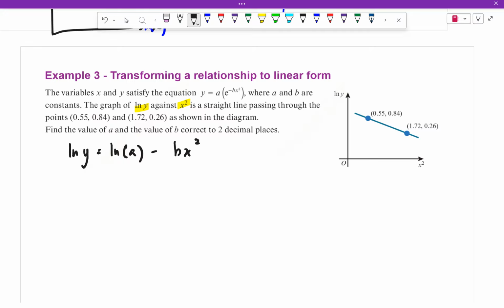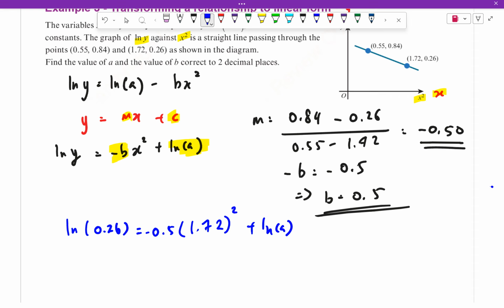Okay? The last part, we just substitute any y and x value, so that means we can find ln of a by using ln of 0.26 equals negative 0.5 times 1.72 squared plus ln of a.